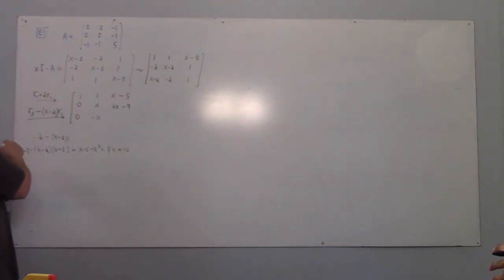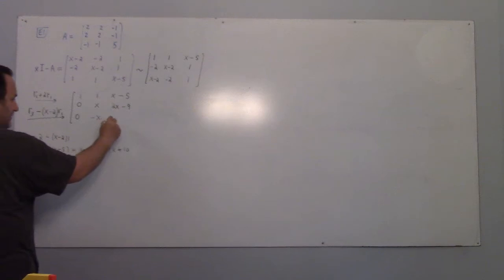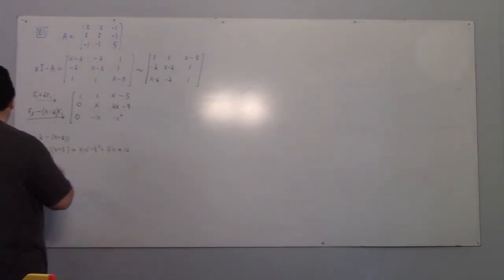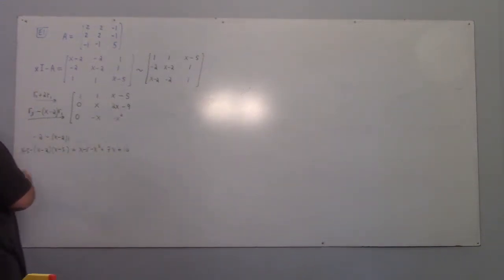The minus distributes. So it looks like I've got a minus x squared plus 8. I got 7x there, is that right? It's either 8 or 6, and I'm betting on 8.